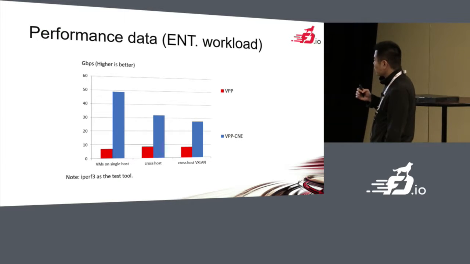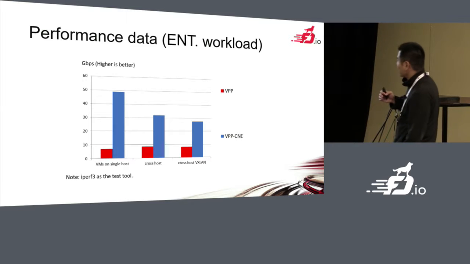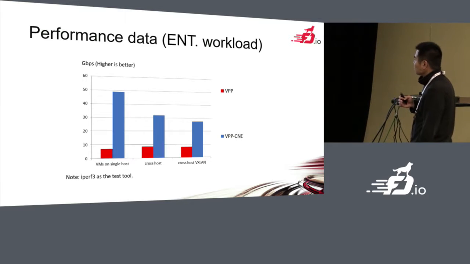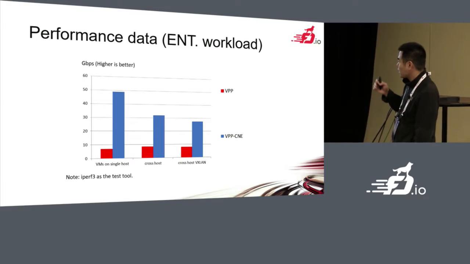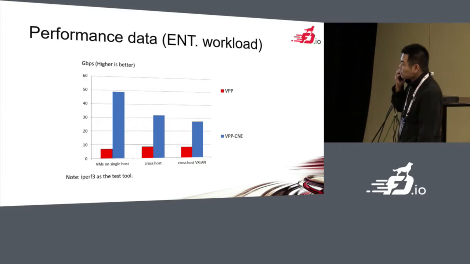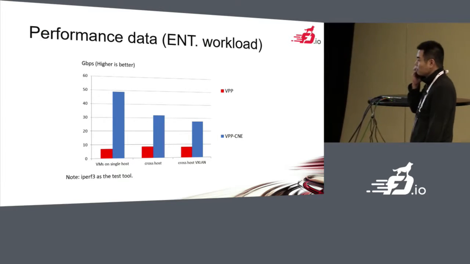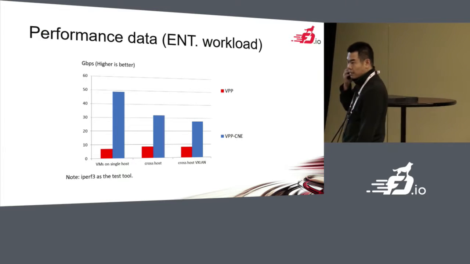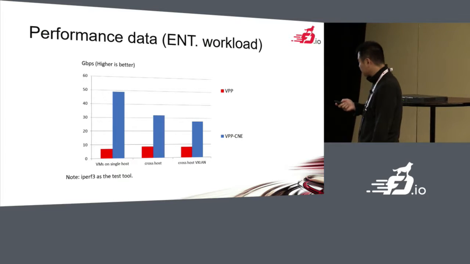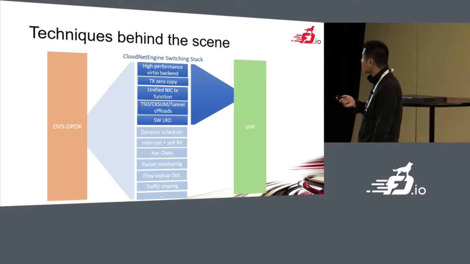As we can see, VPP-C can get more than 30 gigabits per second, much higher than VPP currently. The third one is VXLAN, the same thing here. So from the experiment data, we can see there is definitely room to improve the performance.